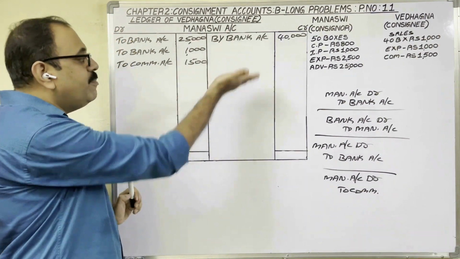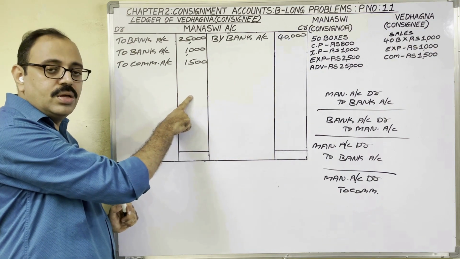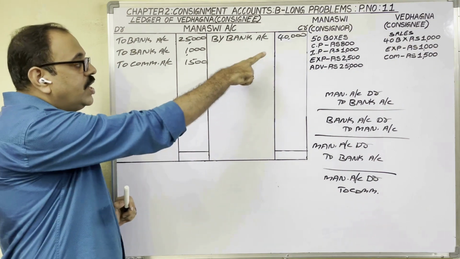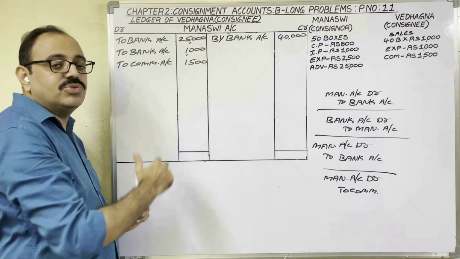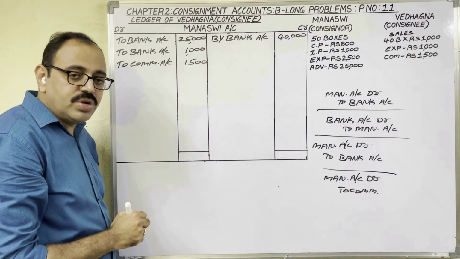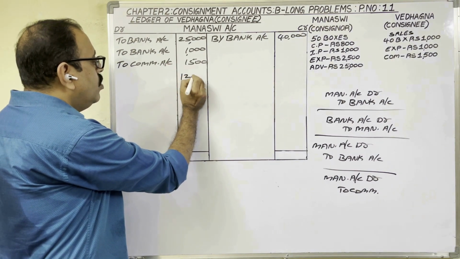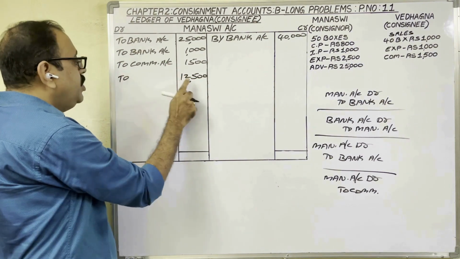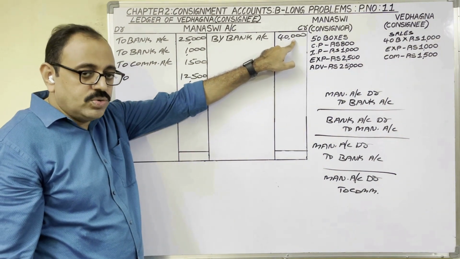Then finally balance this account. Debit total is more than credit total. Difference is 40,000 minus 27,500 is equal to 12,500. We should write that amount on the debit side, as the debit side total is less. And what is the meaning of this amount? We sold consignor's goods for 40,000.